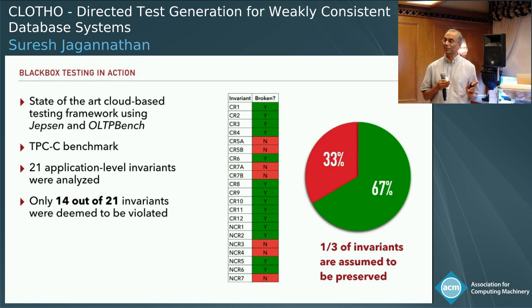It means that we actually discovered an invariant violation. So black box testing gets us 2/3 of the way to where we want to be, which is not bad, but it's not great. It means that fully 1/3 of invariants that we know are in fact violated, because we can come up with counterexamples that we can actually trigger, were not discovered within what we considered a reasonable amount of time, just using a black box technique.